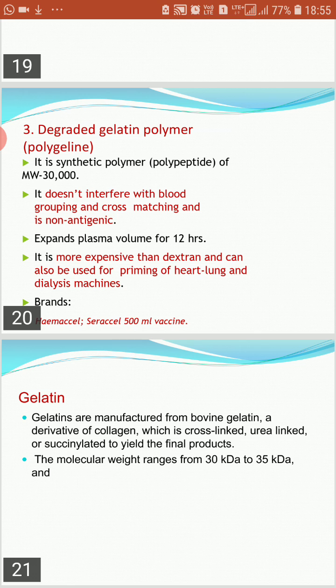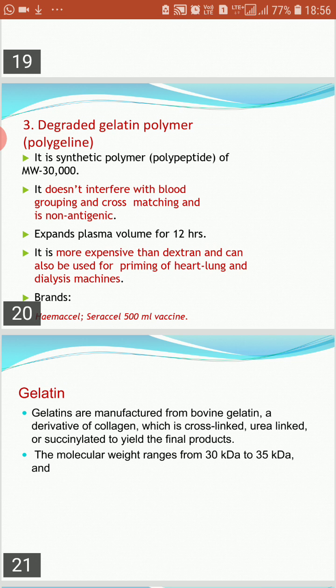They have the same advantages as albumin: they do not interfere with blood grouping or cross matching, and are non-antigenic. Same disadvantage, more expensive, and that is why they are used only in selected conditions like priming of heart, lung and dialysis machines.